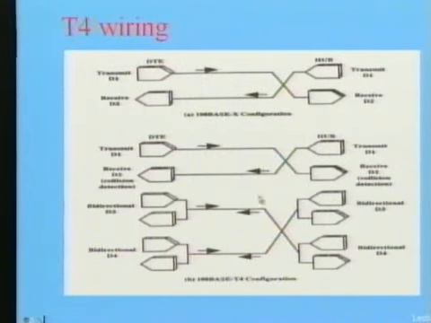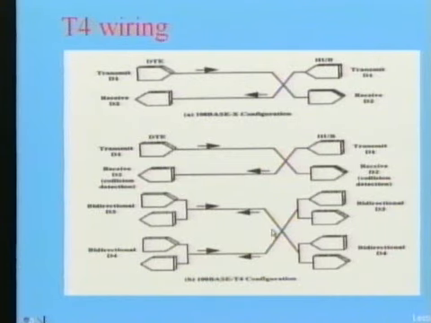See, there are 4 pair of wires, and you have 3 pairs of transmitter receivers. 2 pairs of the transmitter receivers are connected with 2 pairs. The other ones are separated. This is like full duplex. These are half duplex. Very strange wiring.